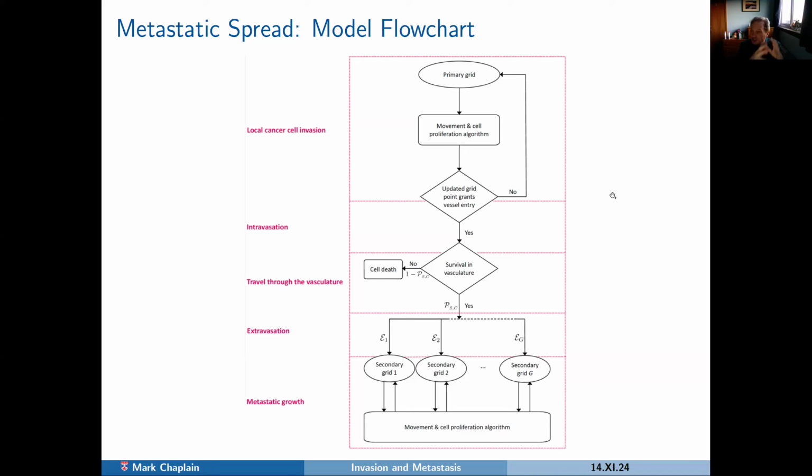So in addition to our local invasion on the primary grid, we have these probabilities, and that allows us to move the cells from the primary grid into the secondary grid, capturing the transition in the blood system through these probabilities of survival, and then the probability of extravasation and the probability then of moving into the secondary organ.